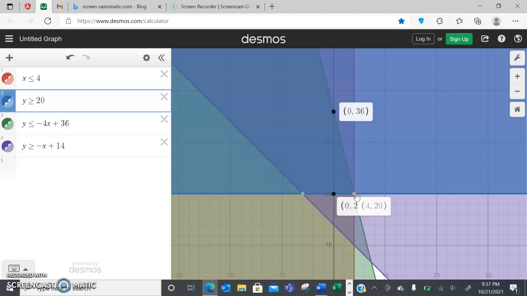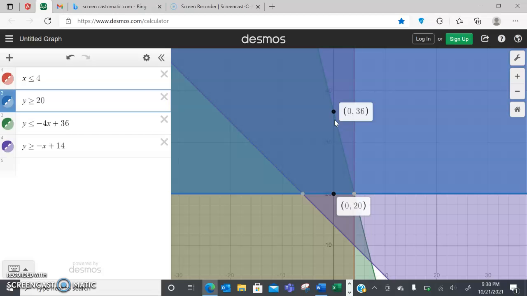I'm trying to see what got shaded all 4 times. Yeah, those are the corners. And so we're going to write those points down: 0, 36, 4, 20, and 0, 20.